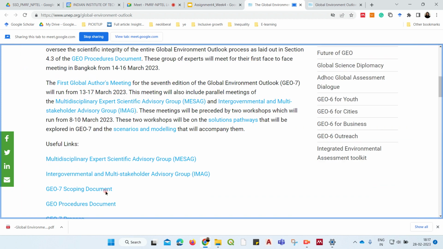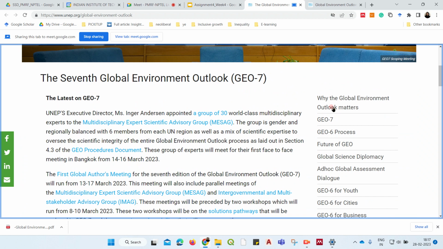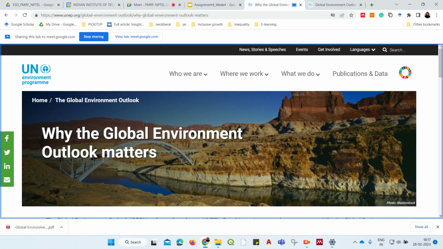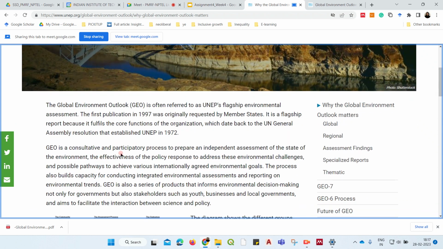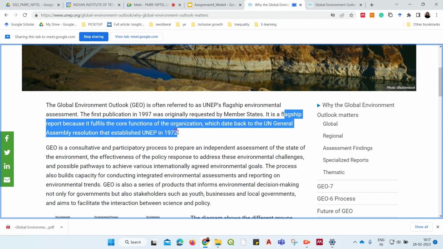This is a very important document while learning about the environment's health, and it is a flagship report because it fulfills the core function of UNEP, and it dates back to 1972.